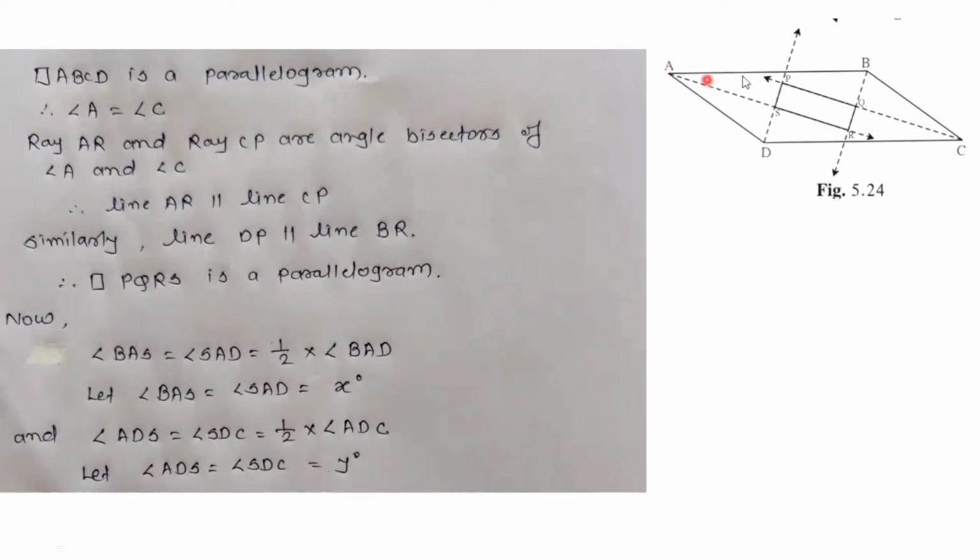Let the measure be x, that is angle BAS is equal to angle SAD, equal to x degrees. Similarly, we have angle ADS is equal to angle SDC, which is equal to half of angle ADC. So let the measure be y degrees, that is angle ADS is equal to angle SDC is equal to y degrees.